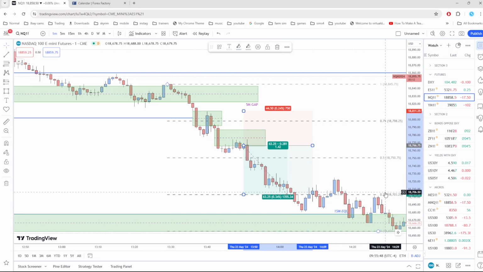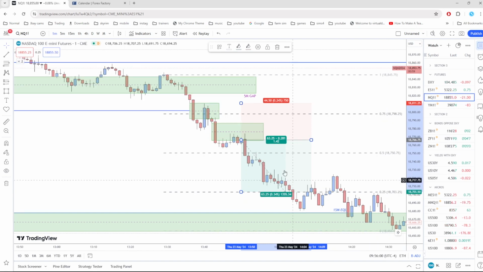Now, you could take a partial at 0.25% of the range. That is a valid discount level. That's a valid take profit level. Take something off, which is still a 1.5% gain.